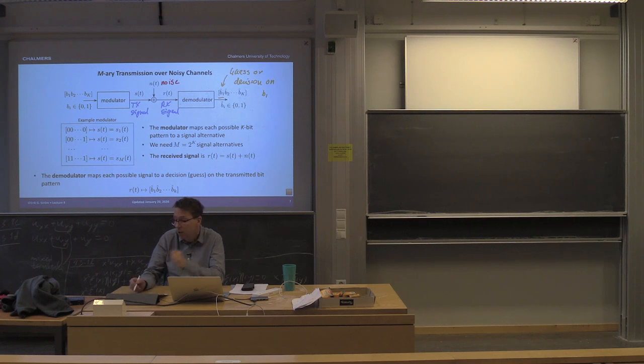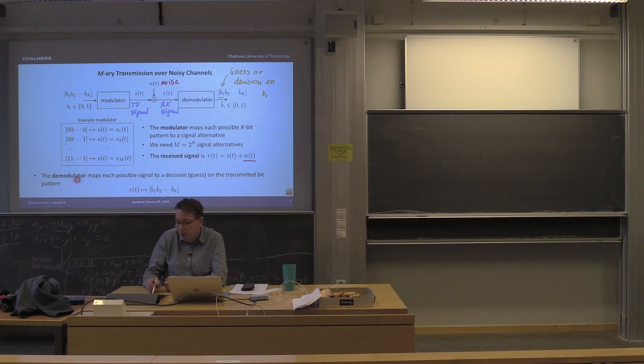It needs to figure out what is the most likely S when we have observed R. Okay, so R is the input data to the demodulator, and it needs to figure out S. And it has no clue of what the noise is. I mean, if the demodulator knew the noise, you could just subtract it and then we're done, right? So that's no fun, right? There's no problem left. So fortunately, that is not the case.